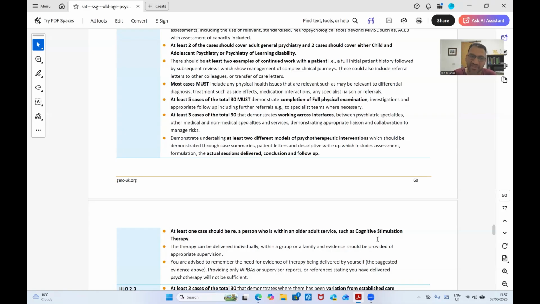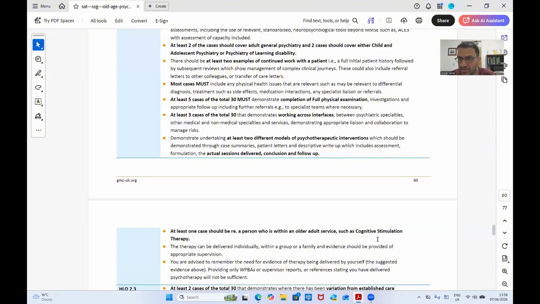But here, secondary evidence is important, where you have to submit a supervisor report from your supervisor. In psychotherapy, it has to be either a consultant medical psychotherapist or a senior clinical psychologist in the team. But it has to be very senior, I think above band 7.